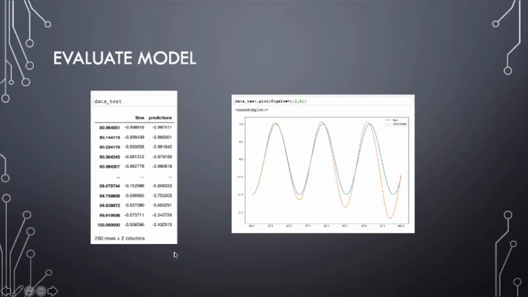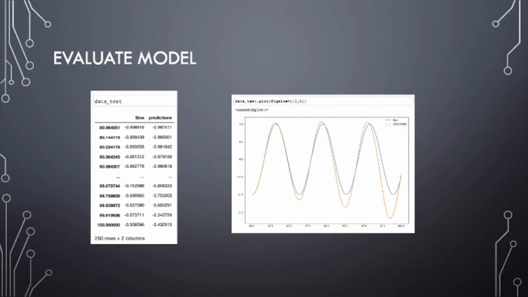So a better way to show this instead of a table is a graph. On the right, you can see that sine is blue and predictions are orange. In the beginning, the predictions are very close to the sine values, except for the peaks and troughs, where there are a little bit of gaps, which show that it's not predicting it perfectly.